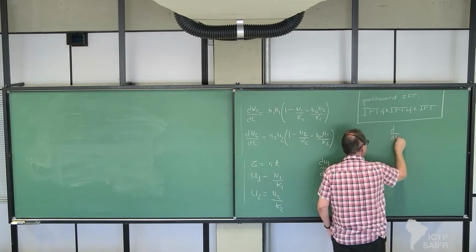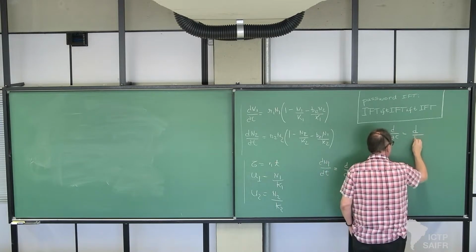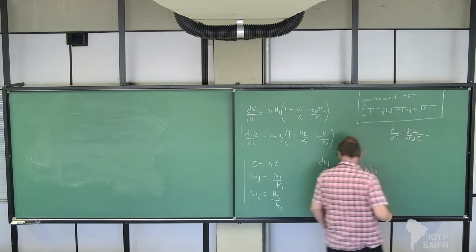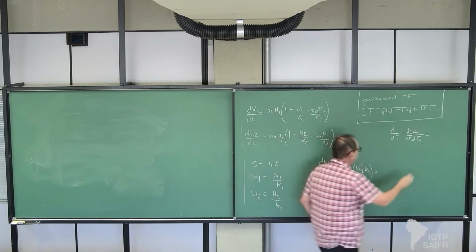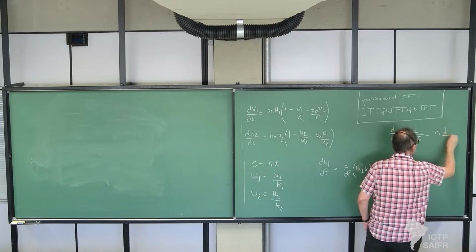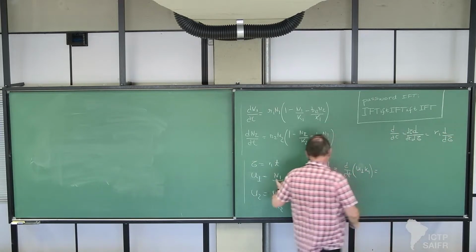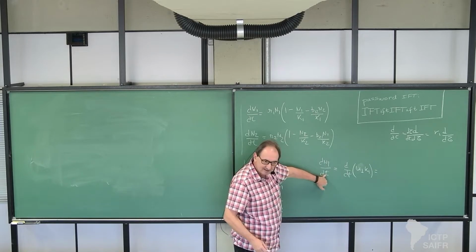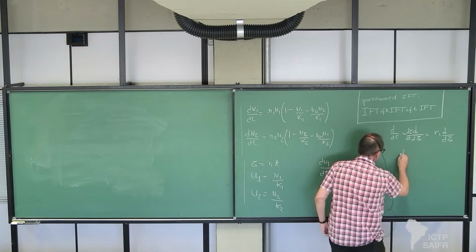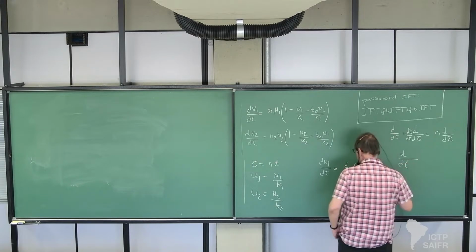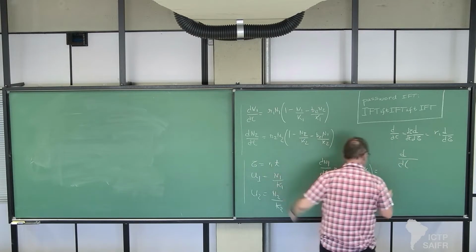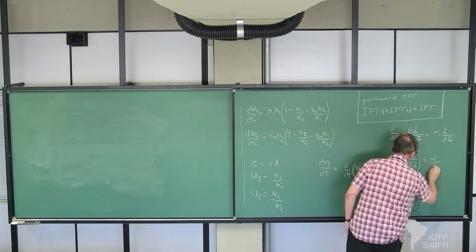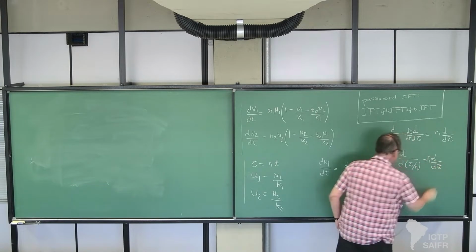d/dt is what? It's d/d tau times d tau/dt, which is r1 d/d tau. Or if you don't want to use the chain rule, just think that you had d over dt, and t is just tau divided by r1. The derivative is just r1 times d/d tau.